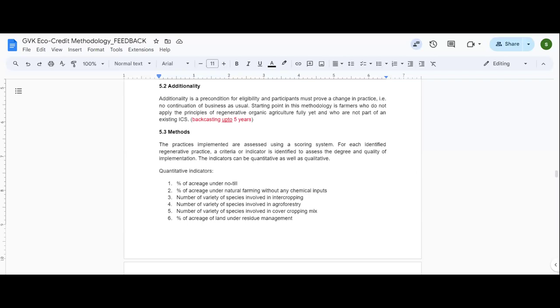The way we thought originally about financial additionality was that it was kind of against what the land stewards who have been doing good practices for a long time would get rewarded for, or would benefit.